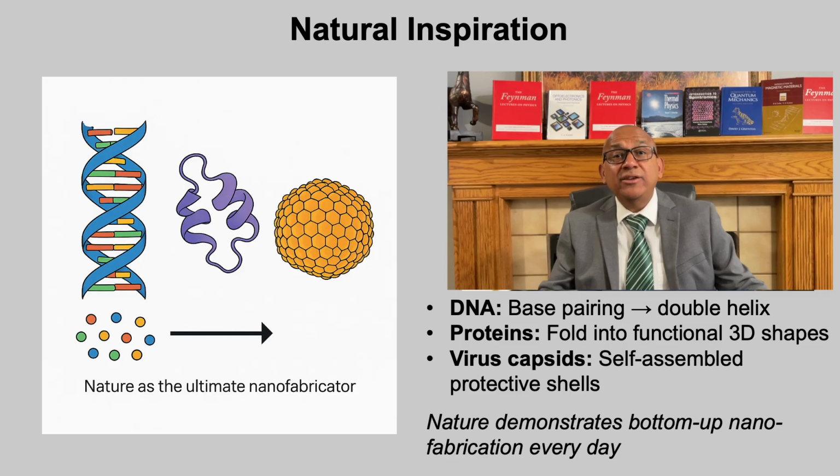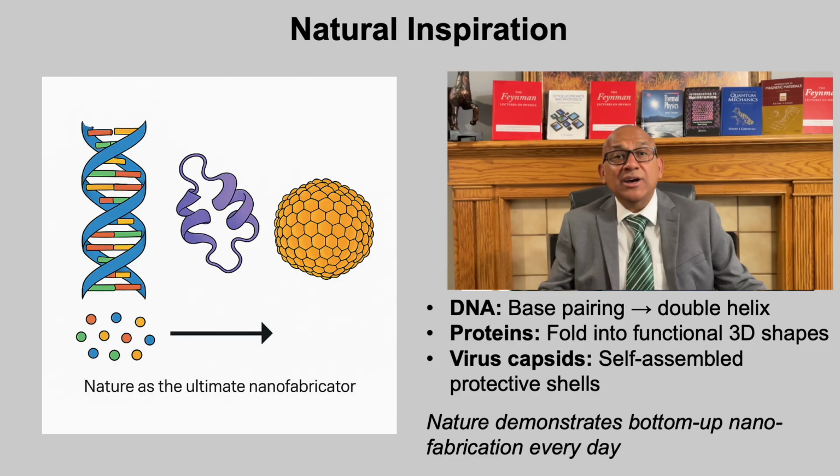Nature has been practicing bottom-up nanofabrication for billions of years. DNA molecules self-assemble into the iconic double helix through complementary base pairing. Proteins fold into precise three-dimensional structures dictated by amino acid sequences, achieving extraordinary functions like catalysis and transport.